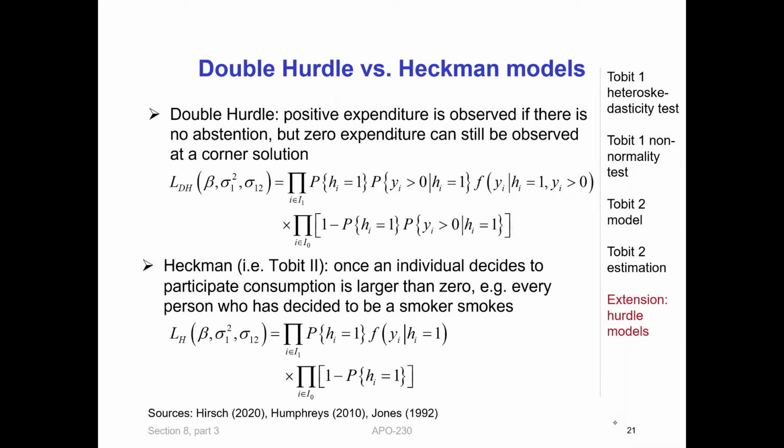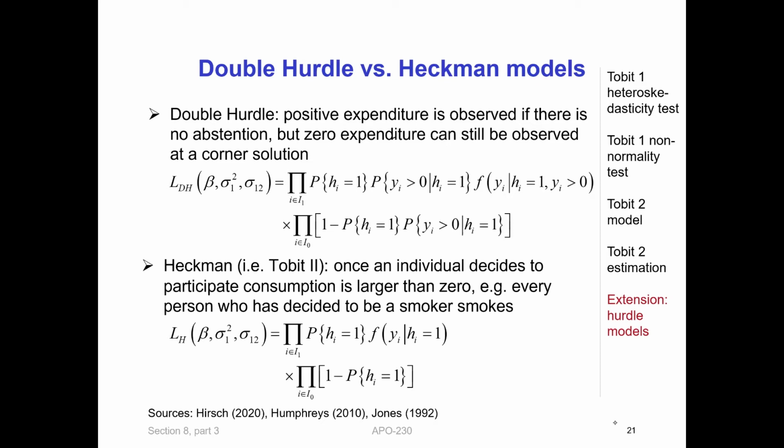Okay, even though from the first look the double hurdle and the Heckman models are pretty similar, no? They have two decisions, two latent variables, and the error terms from these two latent equations correlate. So in that sense they are similar, however still different. Let's start first with the double hurdle model. Why is it called double hurdle? Because two hurdles or two barriers have to be passed before a positive value in the dependent variable is observed.